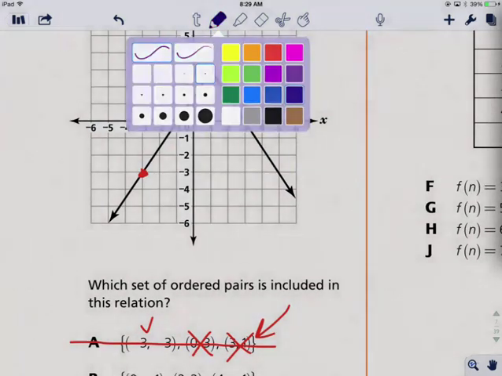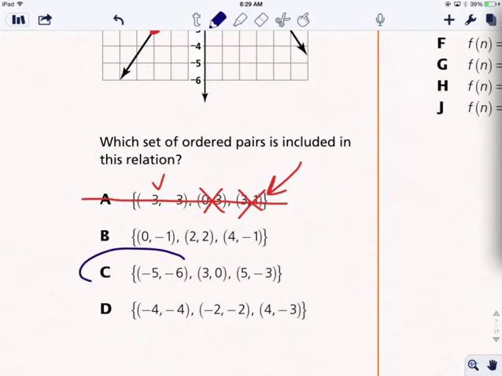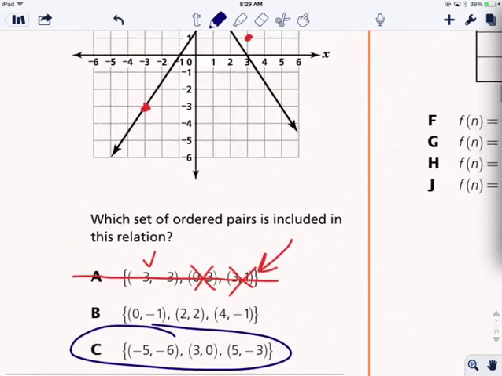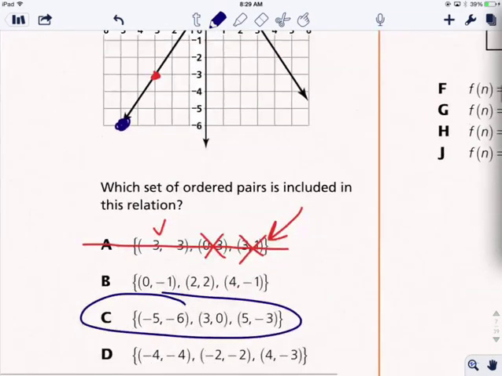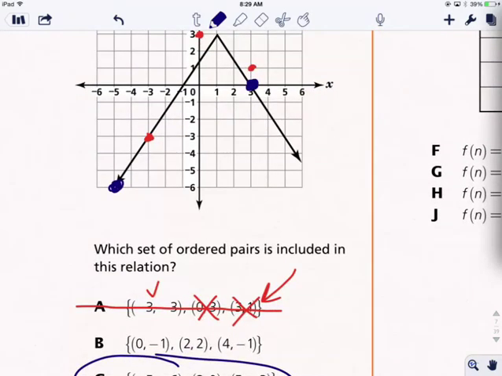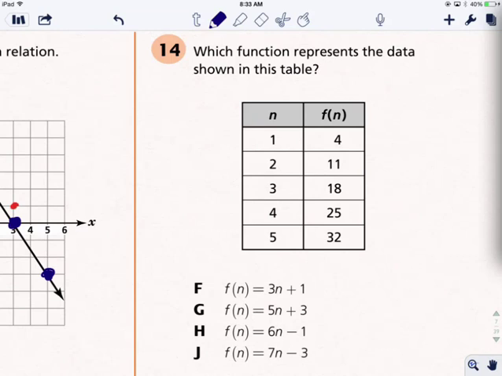It will turn out that the answer is C, because if you plot all three of those points, they will lie on the graph. Ta-da!